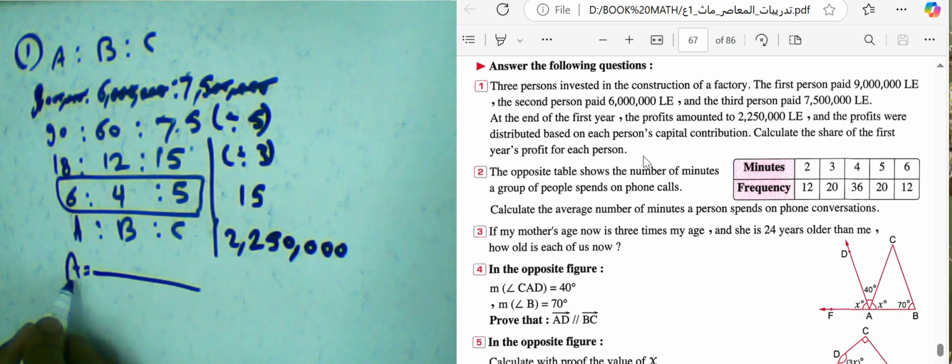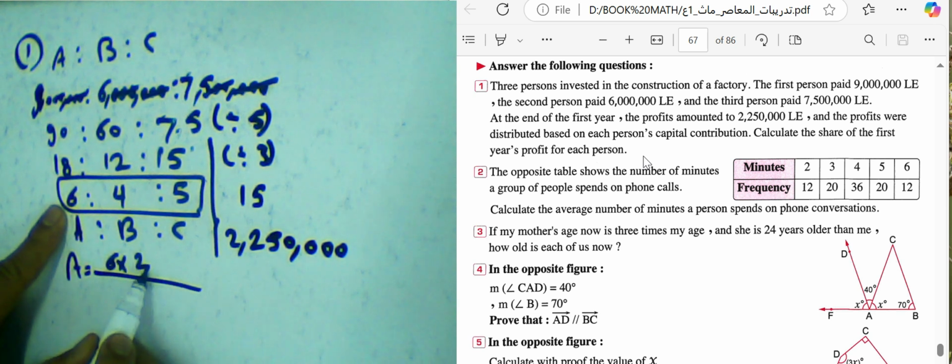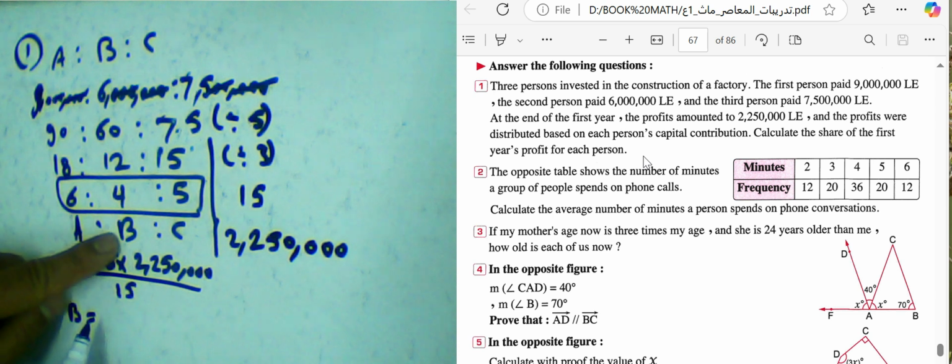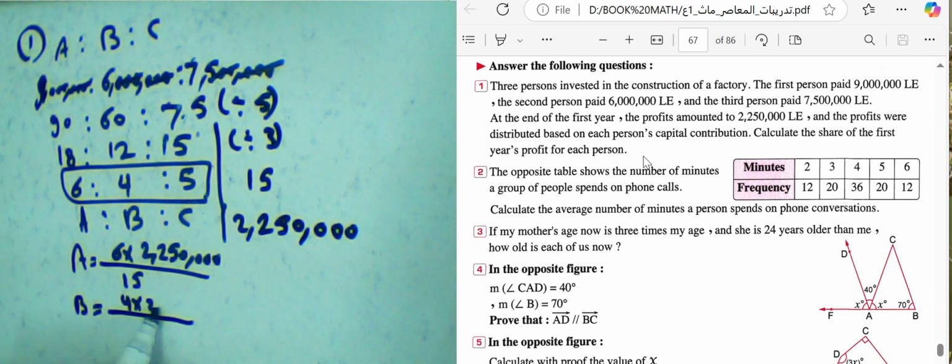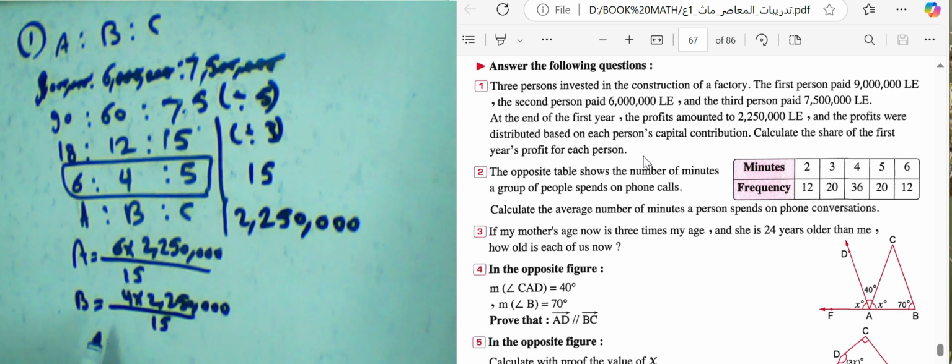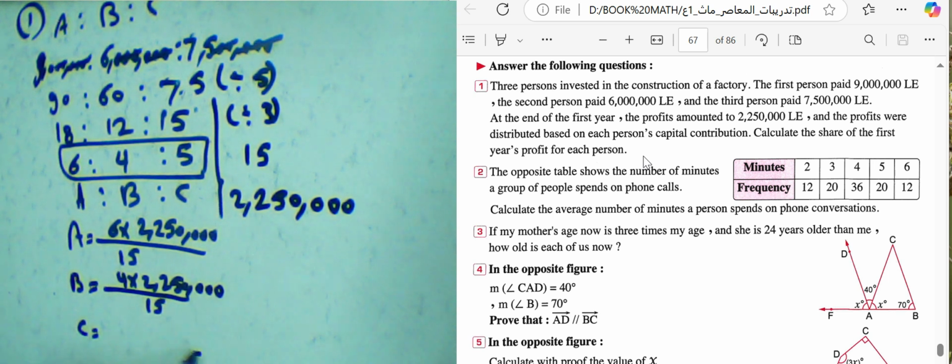A here refers to the first. We can write 6 multiplied by 2,250,000 over 15, and for B write 4 multiplied by 2,250,000 divided by 15, and for C write 5 multiplied by 2,250,000 divided by 15.